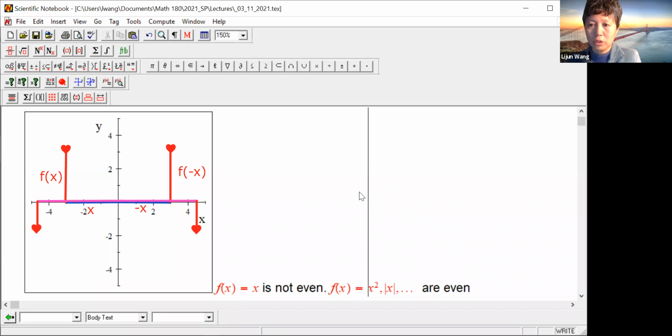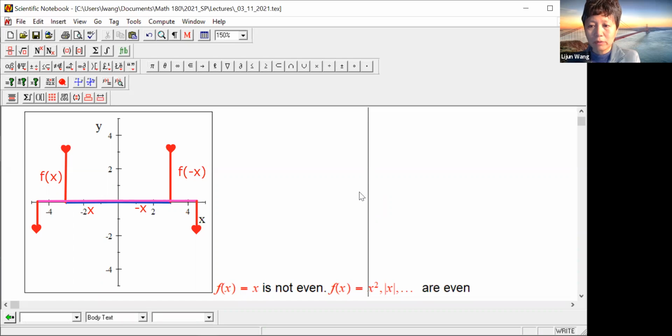You just go through every one of them, right? And the easiest to identify is by definition. Is x to the power 3 even? No. That's what you mean, right?